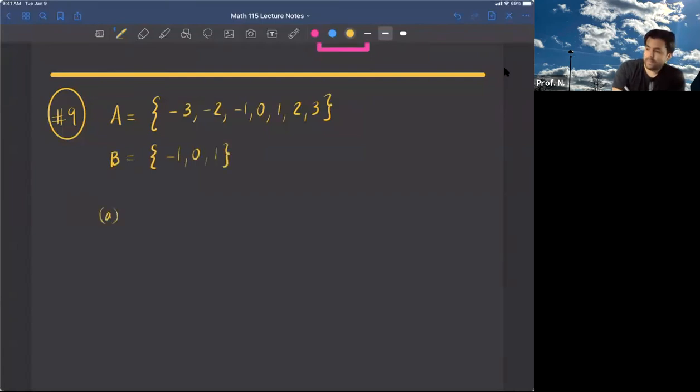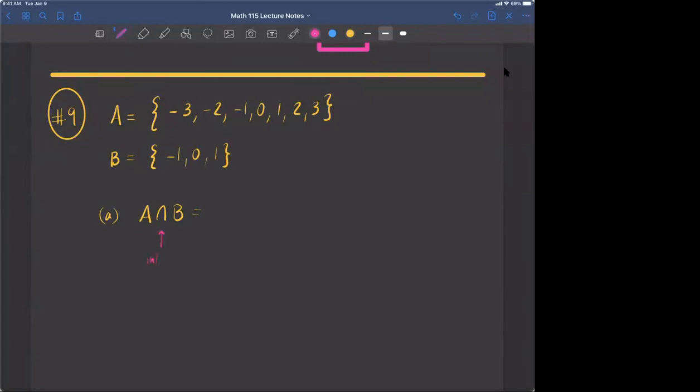A intersect B. So remember, A intersect B indicates what? Is it a union or intersection? Intersection. Correct. And what is the intersection? -1, 0, and 1.